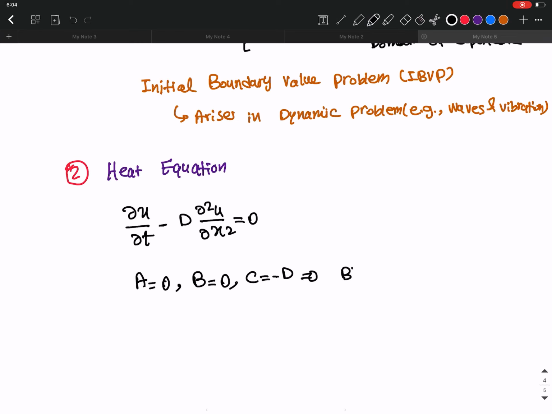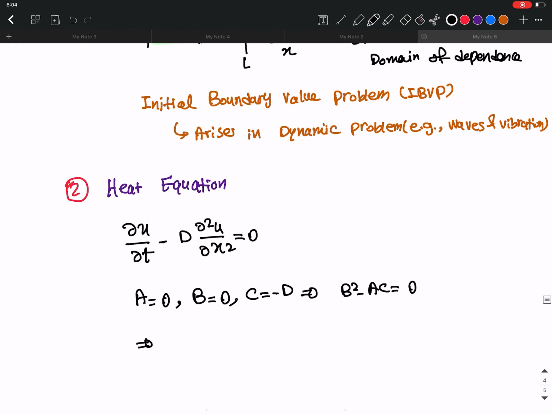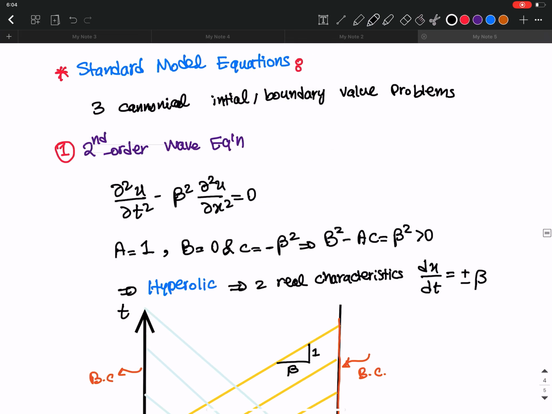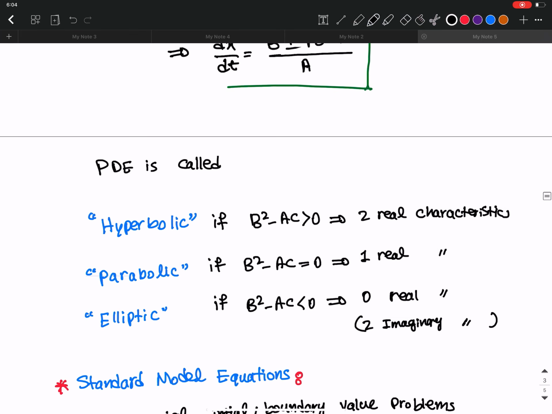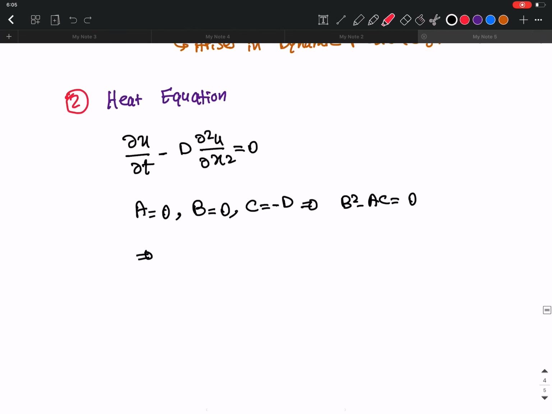So b squared minus ac is going to be 0, and so we are in this regime, right? So this is going to be a parabolic equation based on this classification that we made.